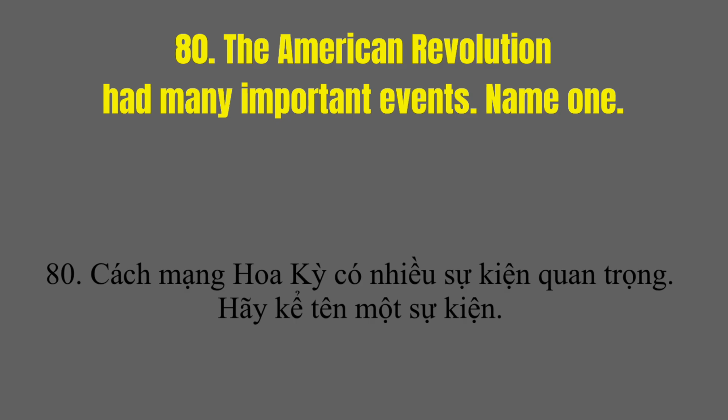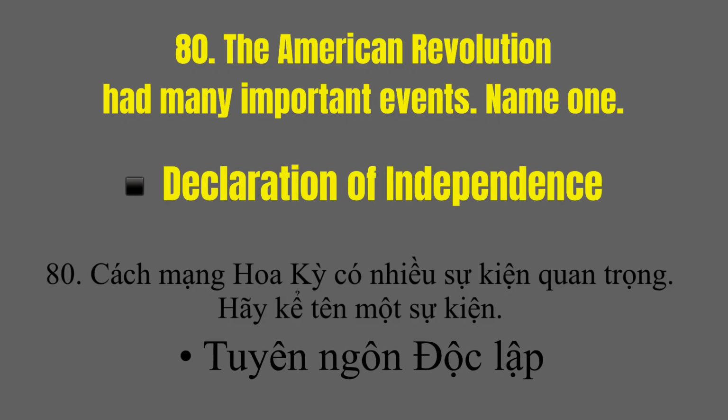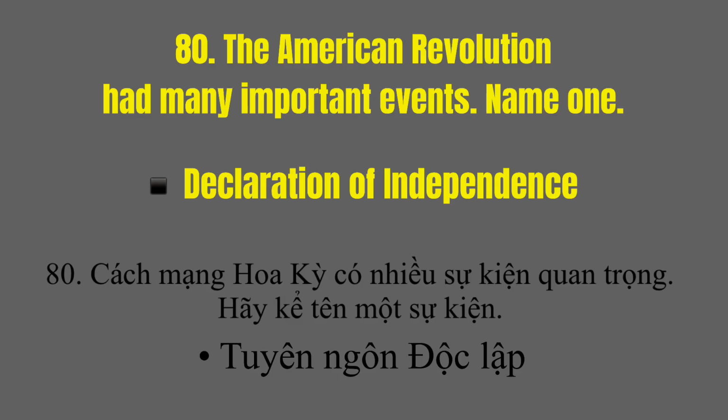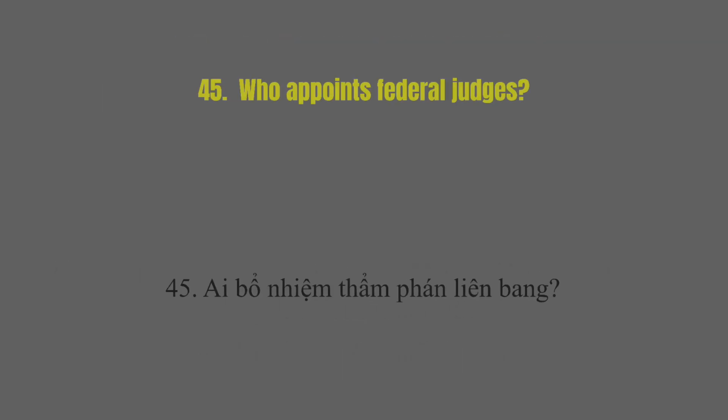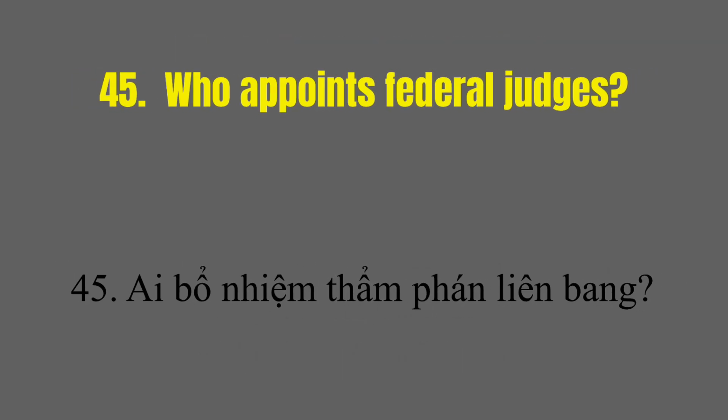The American Revolution had many important events. Name one. Declaration of Independence. Who appoints federal judges?